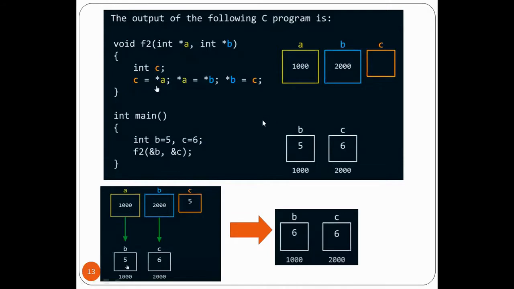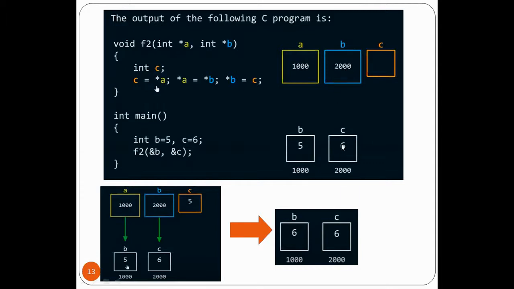It will replace the value at the address in pointer a, which was 1000, and will change the value of this address to 6. Is that clear? When we are using pointers, they actually access the value of that address. As here, *b means the value of the address which is inside b. So the value at address 2000 was 6, right?